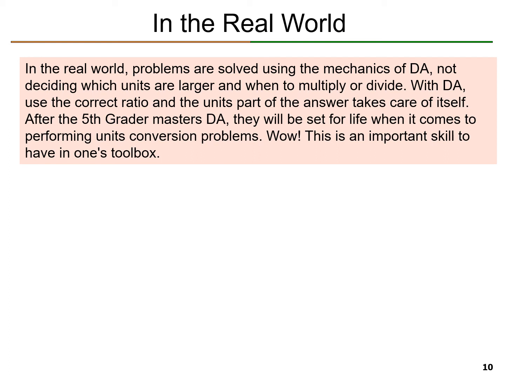They are not solved trying to decide which units are larger and when to multiply or divide. You could do it that way, but you're wasting time. Time is money. With dimensional analysis, use the correct ratio, and the units part of the answer takes care of itself.